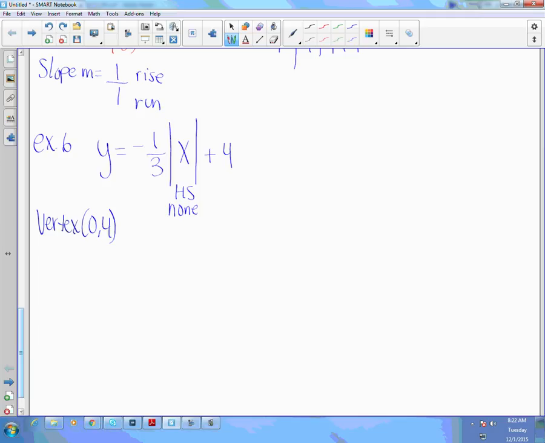Vertical shift, and then you take same. So are positives up or down? Up. How many? 4. What is the shift? Up 4. Okay, so we need to graph. Move horizontally none, and go up 1, 2, 3, 4, which is the point 0, 4 that Nadia gave us.